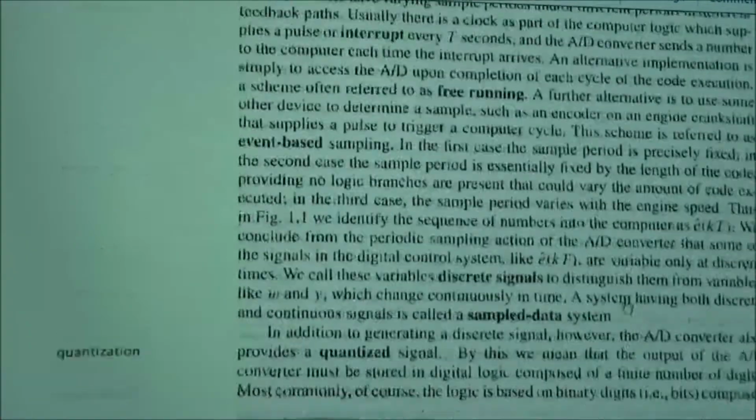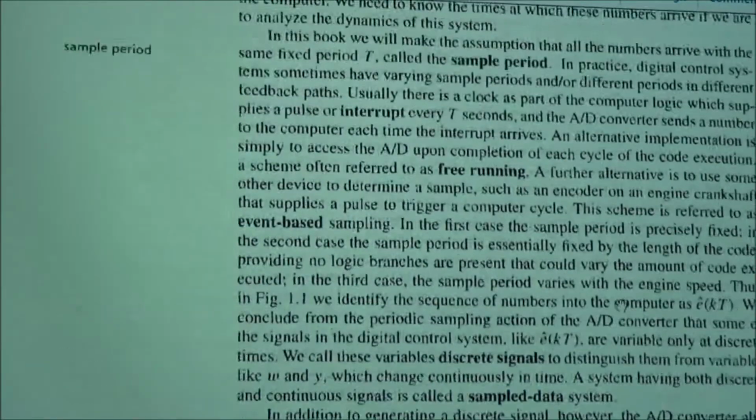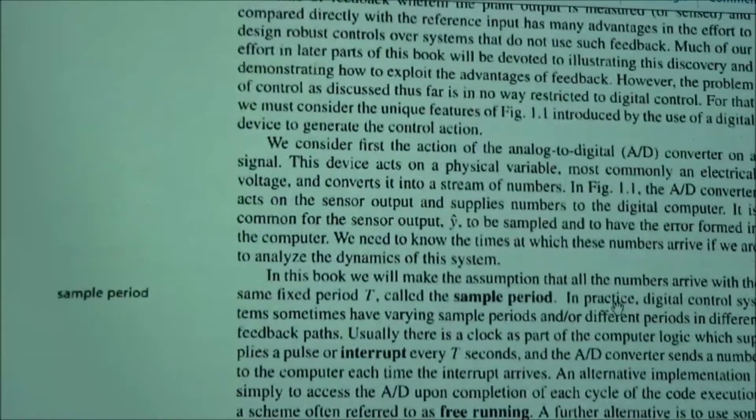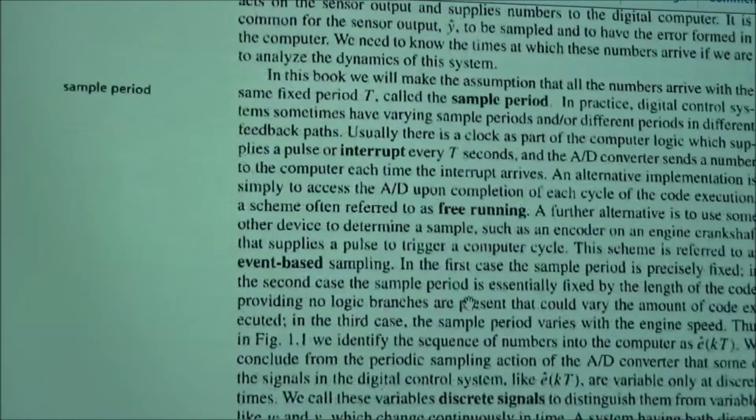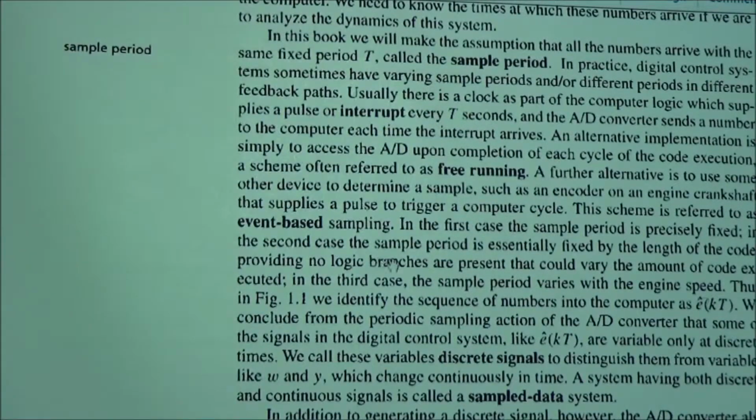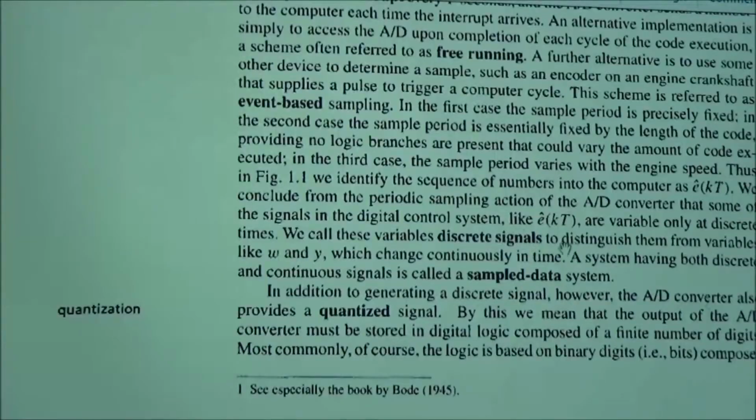So there are many concepts which I'm not going to bore you with right now, but we have a sampling period, we have interrupts, free running situation, event-based sampling, discrete signals, which are basically a continuous signal which is available only at quantized discrete formats.